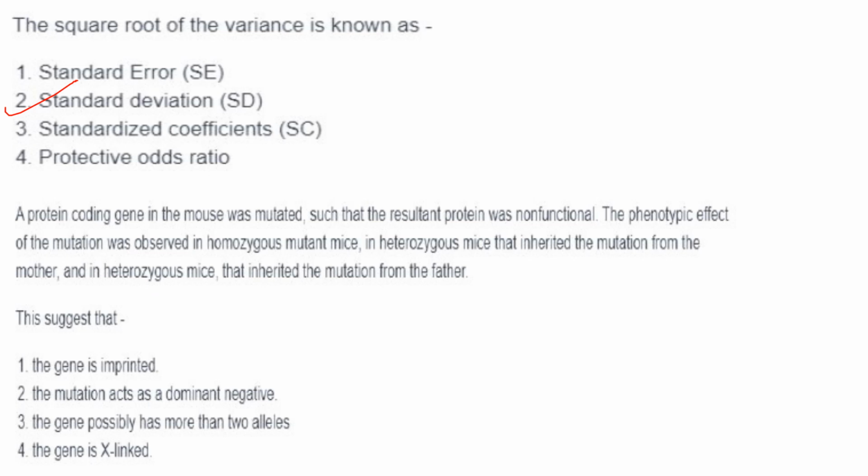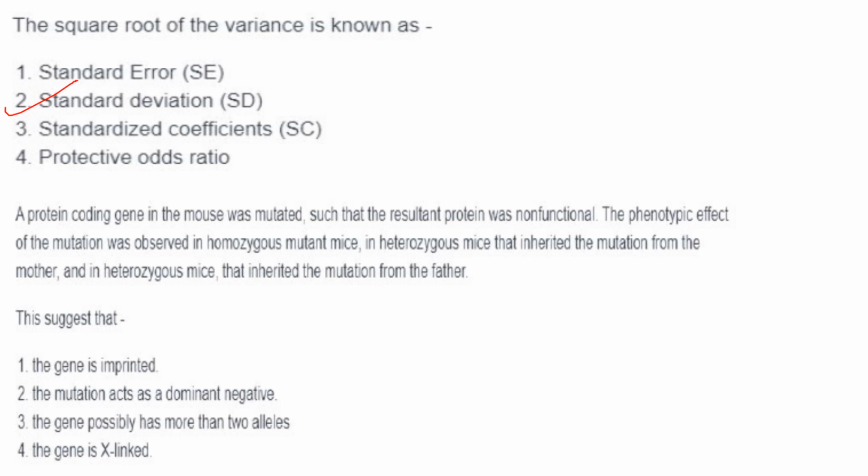In heterozygous mice, one allele is mutated whereas the other is normal, that inherited the mutation from the mother. And in heterozygous mice that inherited the mutation from the father. So here this is a case of dominant negative mutation.